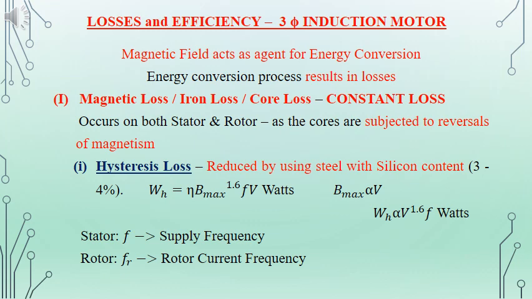And we can write WH is proportional to V raised to 1.6 F, because Bmax is proportional to V, where V is the voltage. Whenever we need to consider the hysteresis loss on the rotor and stator, we will have to consider the corresponding frequencies. If it is the stator, the frequency will be F, that of the supply, and if it is the rotor, it will be Fr, that is equal to slip into F.